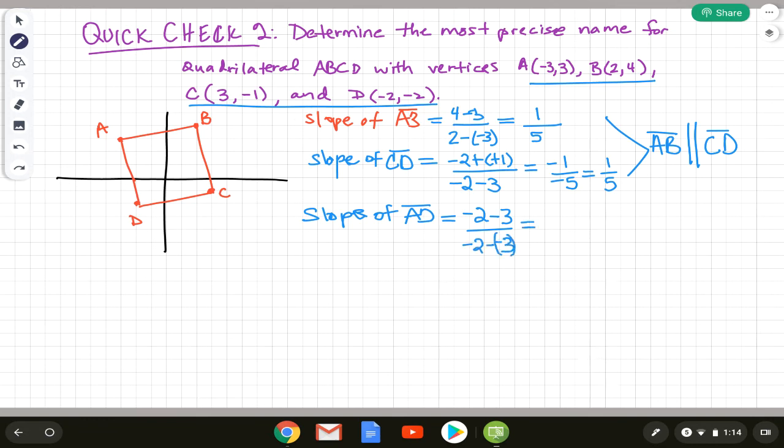So that on top is going to be negative 5. In the denominator I'm going to get a positive 1. So the slope of AD is negative 5.